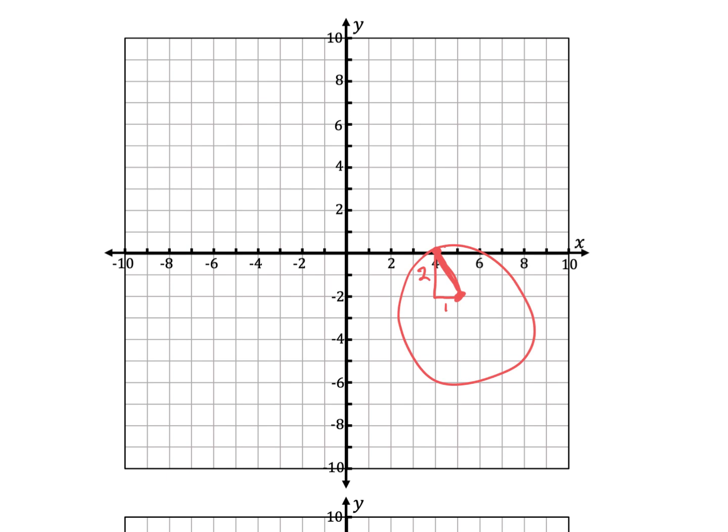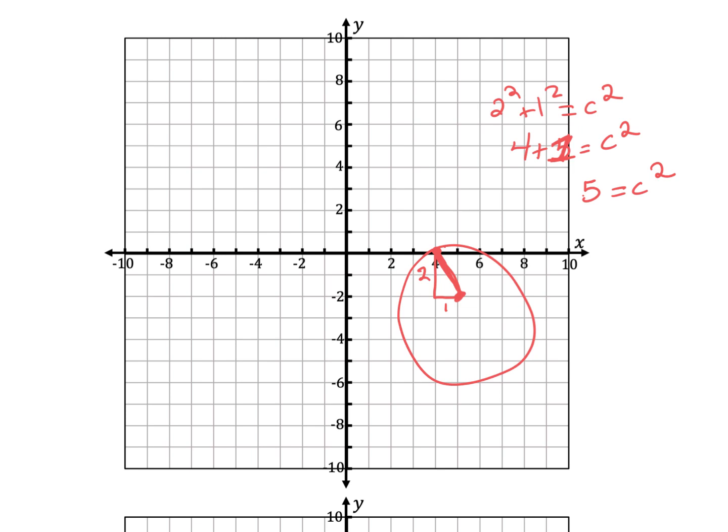So using Pythagoras' theorem, 2 squared plus 1 squared equals my radius squared in this case, because c represents our radius. We get 4 plus 5 equals c squared. I'm sorry, 4 plus 1. 1 squared is 1, so 4 plus 1 is 5. 5 equals c squared.